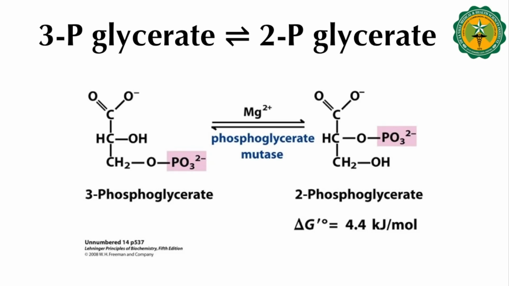And that particular reaction is actually the next step in the glycolytic pathway. It is a reversible reaction that is catalyzed by phosphoglycerate mutase. Mutases, by the way, belong to the isomerase class of enzymes, and they are responsible for shifting a functional group from one position to another within the same molecule.